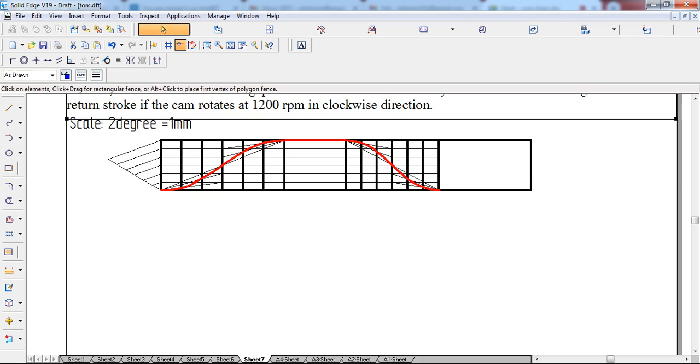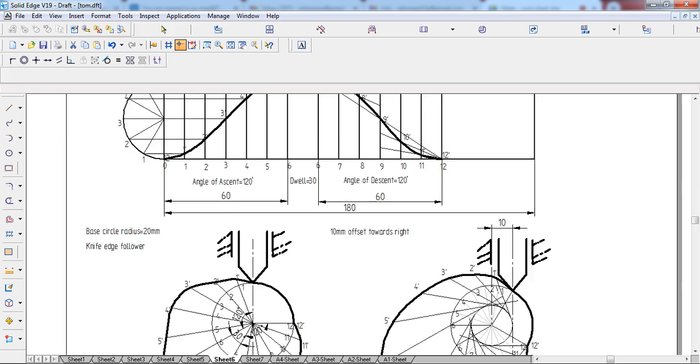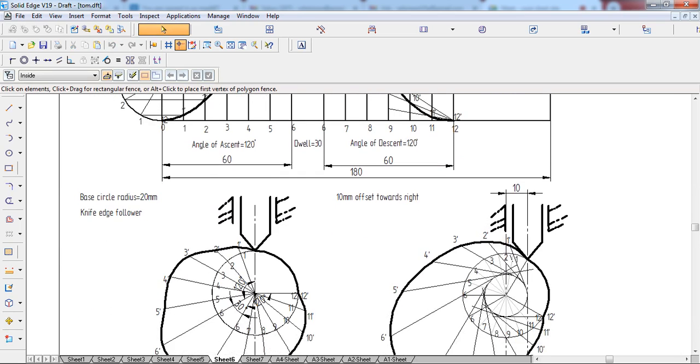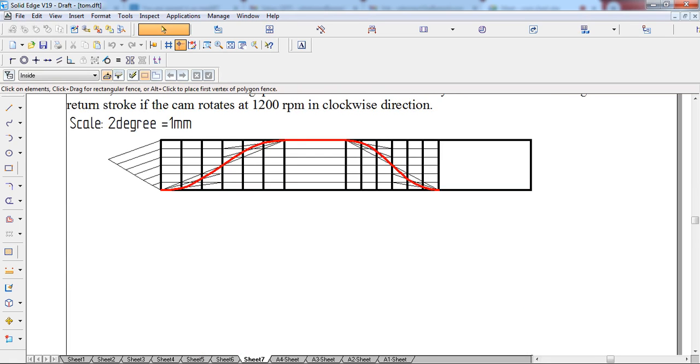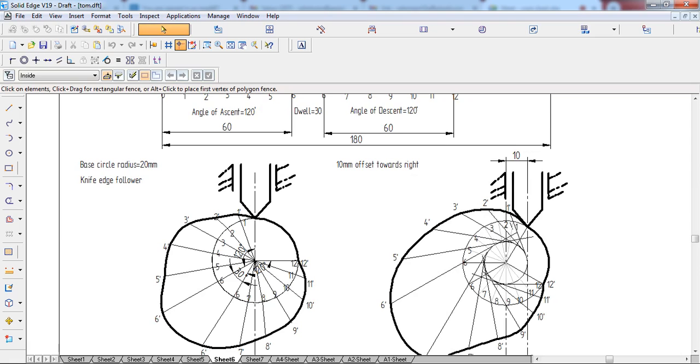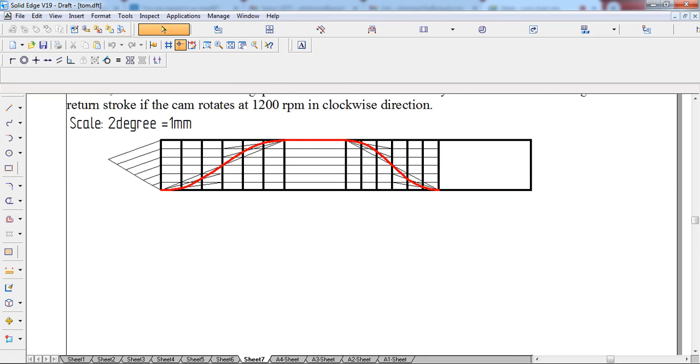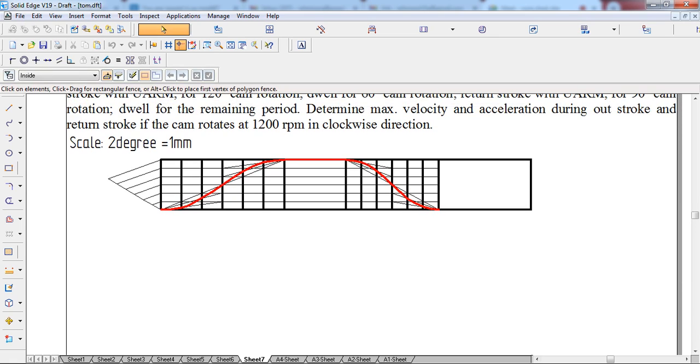Clockwise direction means when the cam is moving in the clockwise direction, the follower will move in the anti-clockwise. So you have to mark the points in the anti-clockwise direction, like what you have done in the previous step. It is assumed that the cam rotation is in the clockwise direction, that's why you have taken the follower points in the anti-clockwise direction. So here also you will be taking the same anti-clockwise direction of the points for the follower because the cam is having clockwise rotation.